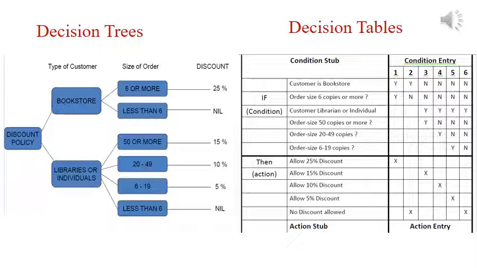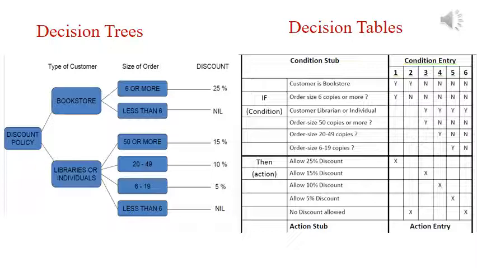If we are talking about a bookstore, it is further divided into two categories: six or more, which has a 25% discount, but if the order is less than six, then there is no discount. In the libraries or individuals discount policy, if it is 50 or more, then it means a 15% discount.